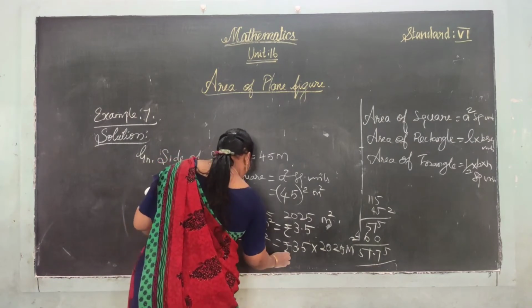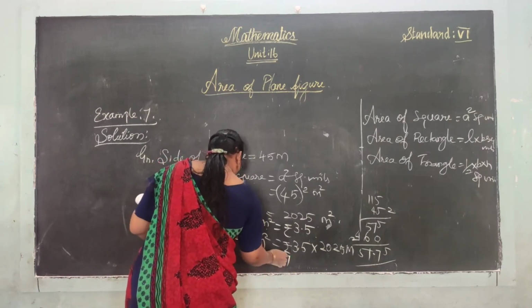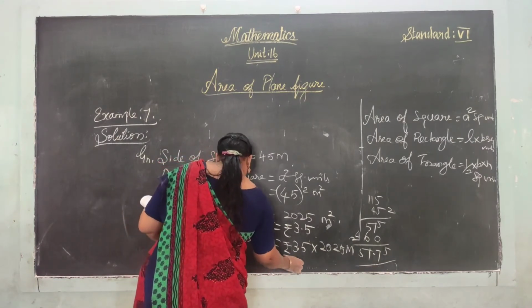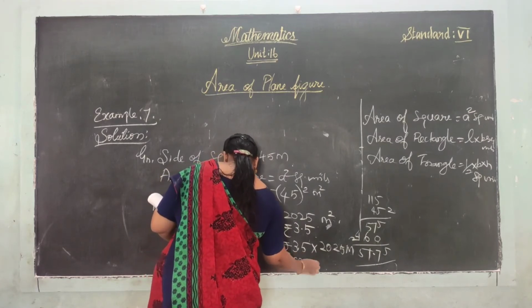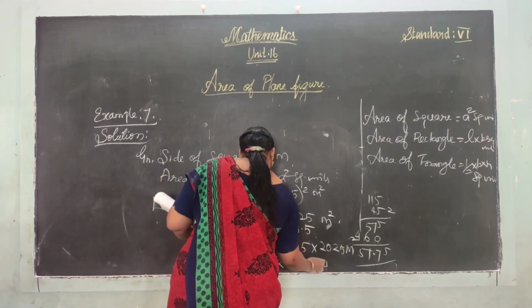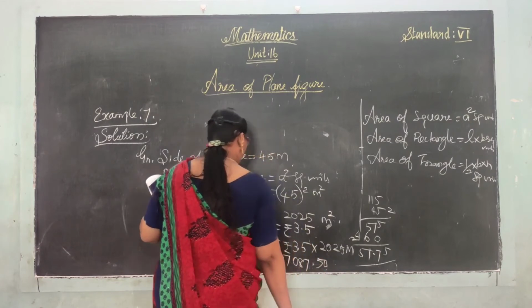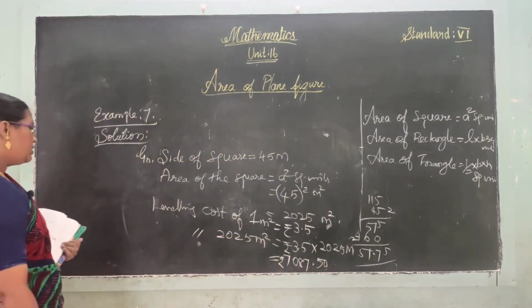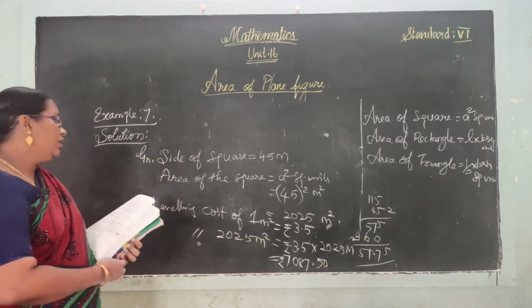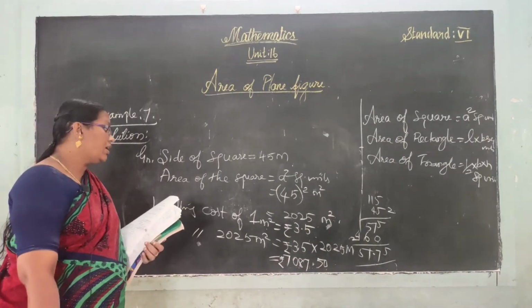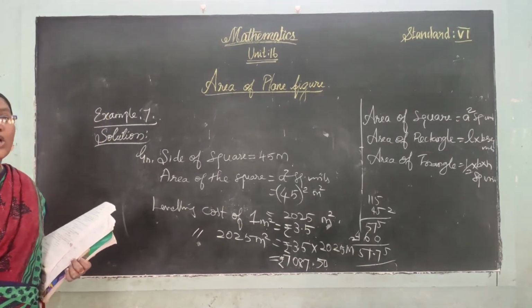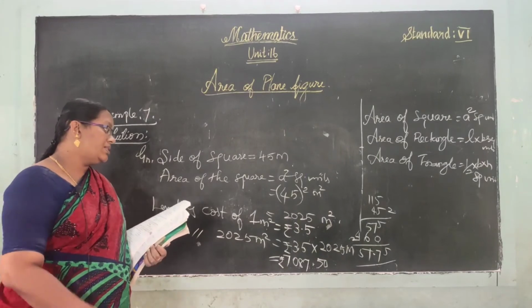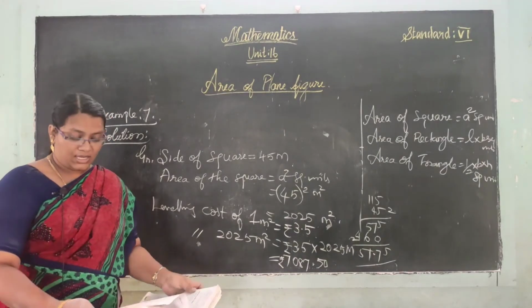Multiply this value, we get rupees 7087.50, 50 paise. Thus the cost of leveling 2025 meter square is equal to rupees 7087 rupees 50 paise. Okay.